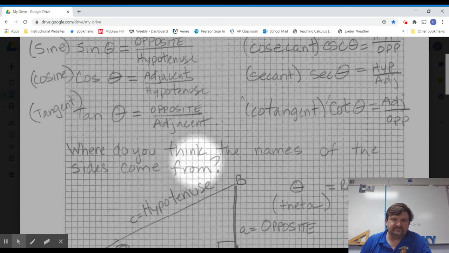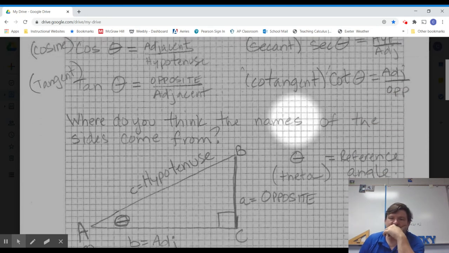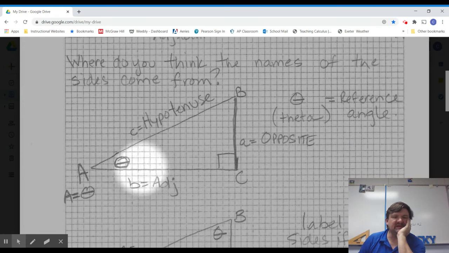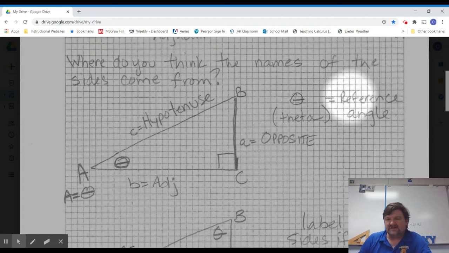All right, so where do you think the names of the sides come from? Well, the idea is this: we have an angle, and we're going to call it theta. That's what it's called, theta, and it means the reference angle.